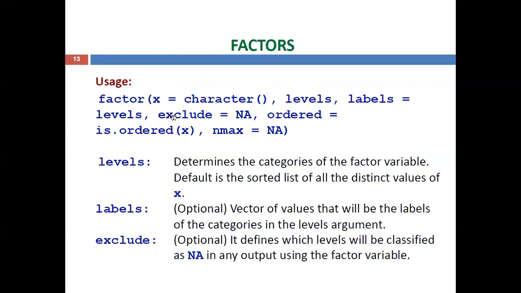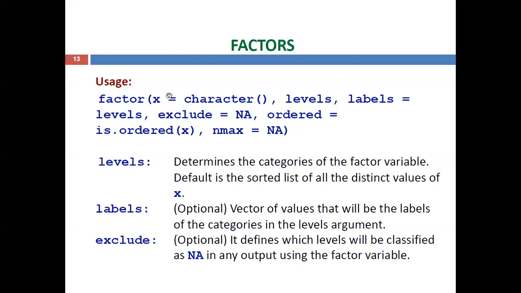Then the next argument exclude equal to NA, then ordered equal to is.ordered of x, then nmax equal to NA. This is the complete syntax of factor with all possible arguments. Now we will see the arguments one by one.